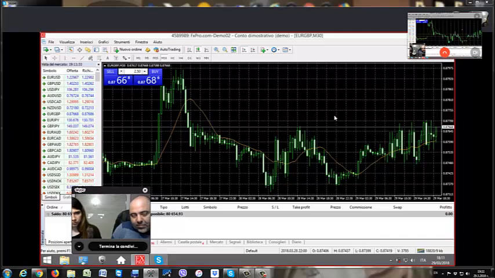Because once you set up and save your setup with your profile, you are able immediately to have the same setup for every single currency that you control constantly. In this case, euro dollar, dollar sterling, dollar yen, then euro yen, then euro sterling.